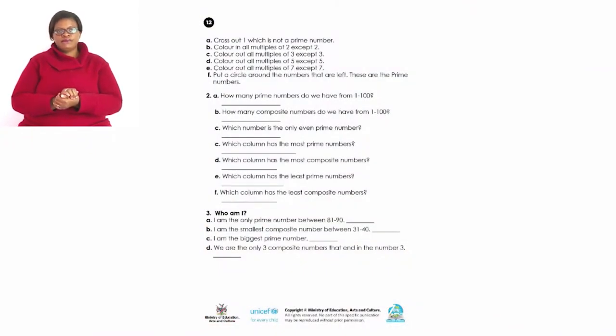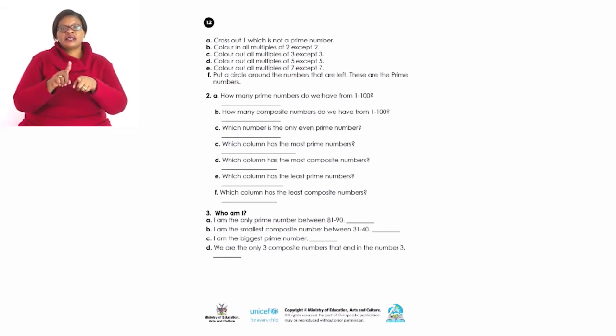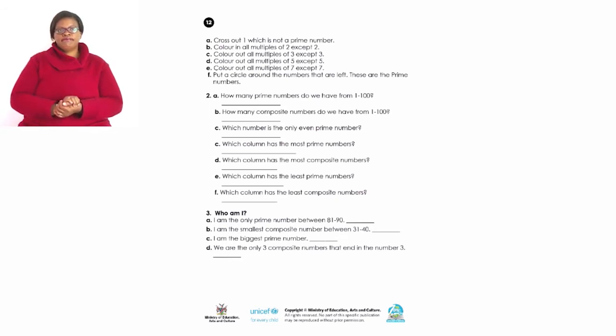Now, there are certain instructions that we need to carry out so that we can discover our prime numbers. And at the same time, we will also be able to discover our composite numbers, but we will come to that later. Okay, A. A instructs us to cross out 1.